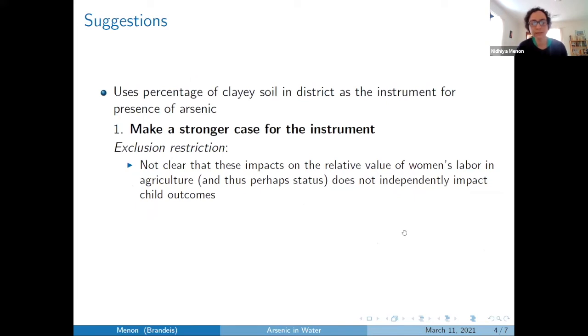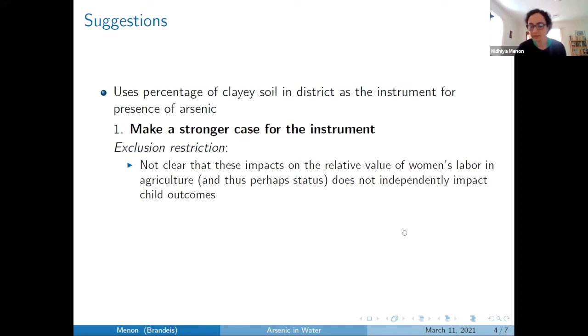Okay, so the second thing here that I want to kind of emphasize, in terms of making a stronger case for the instrument, is this exclusion restriction, right? It's not clear to me, and perhaps it's just my reading of the paper, but you need to make it really, really watertight and very transparent in the paper that the impacts on the relative value of women's labor in agriculture, and so on their status, does not independently impact child outcomes, okay?